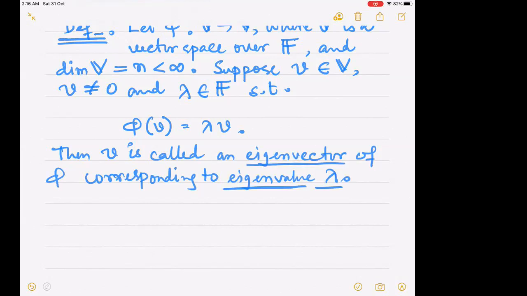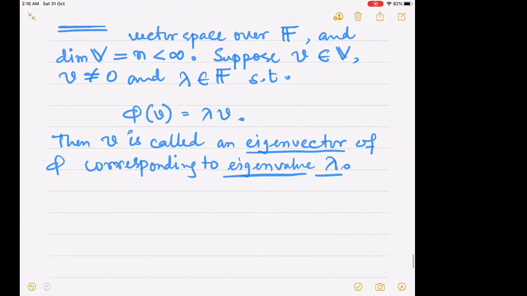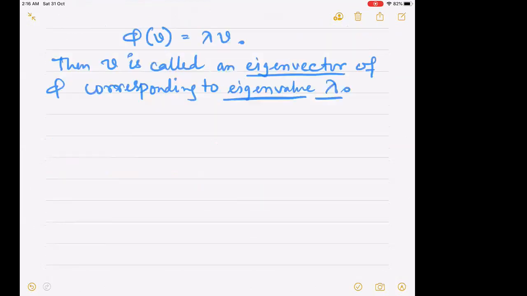Eigen in German means own, as we'll see later on, that these are special vectors because phi is such that it doesn't. So in general, let's say this is my vector space and this is some vector, an operator would in general move this vector around, right? So when phi acts on it, it takes it to, so this is v, this is phi v. This is what in general happens.